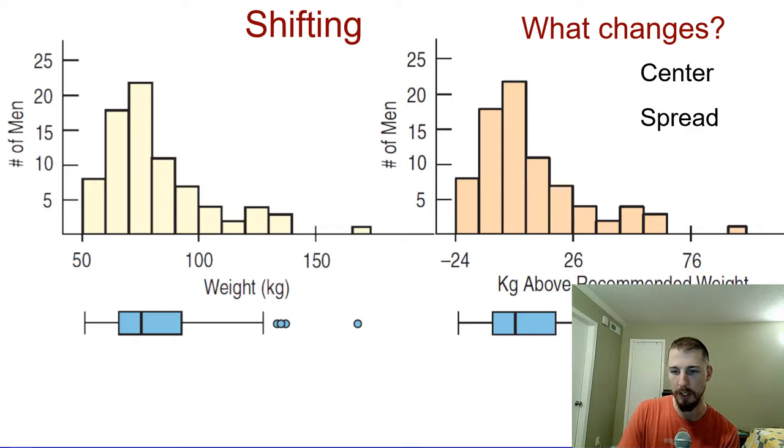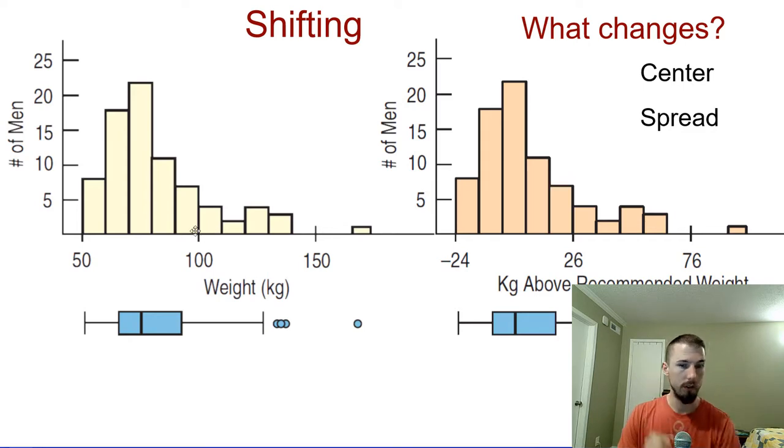But then over here we changed it, so now we are graphing the kilograms that they are above their recommended weight. So let's say the average male has a recommended weight of about 80 kilograms or something. If I subtracted from there, we'll just go with 80 kilograms or 75 kilograms. I might be closer to, but whatever.